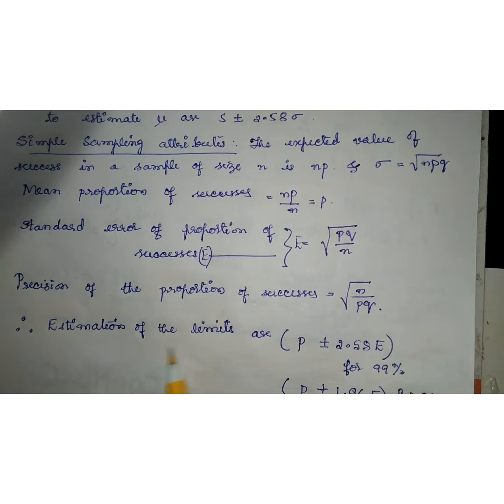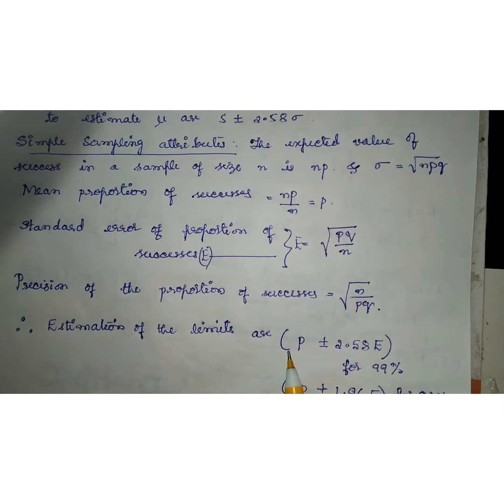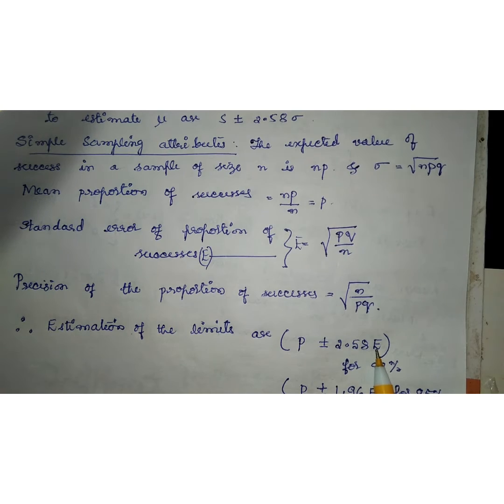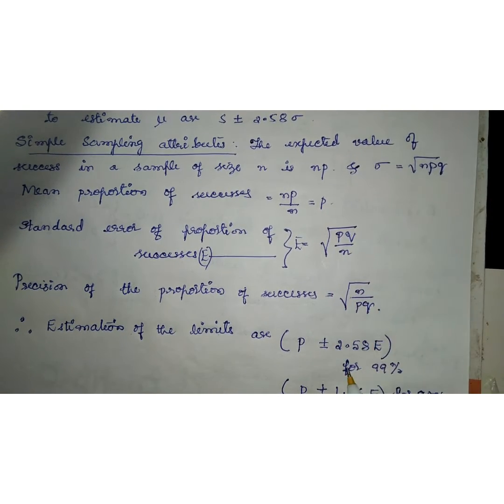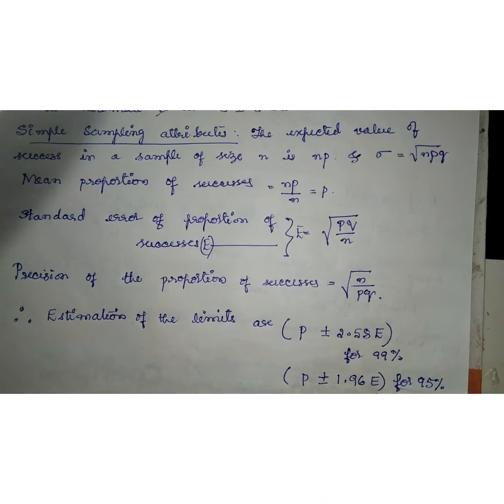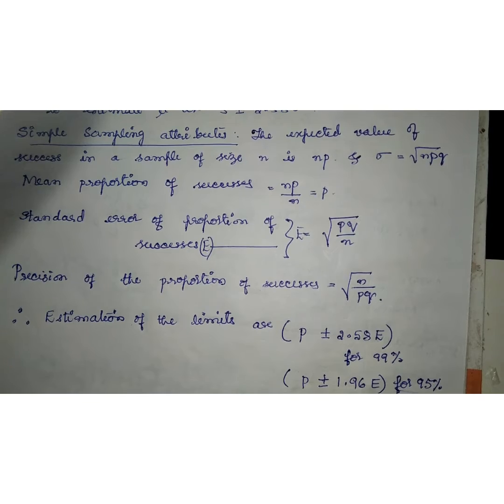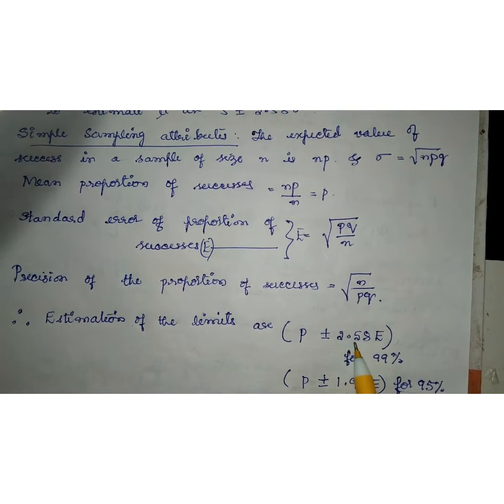Therefore the estimation of the limit is p plus or minus 2.58 e, where e is root pq by n, for 99%, and p plus or minus 1.96 e for 95%. So how do we get this 2.58 and 1.96?